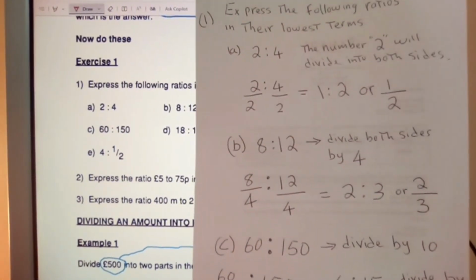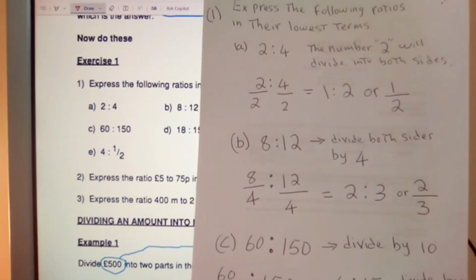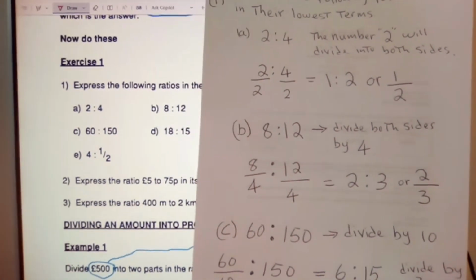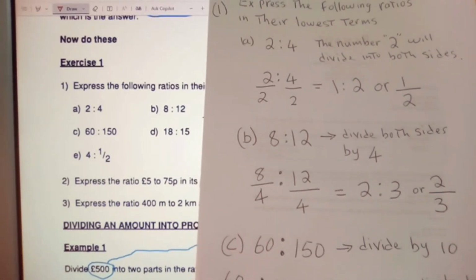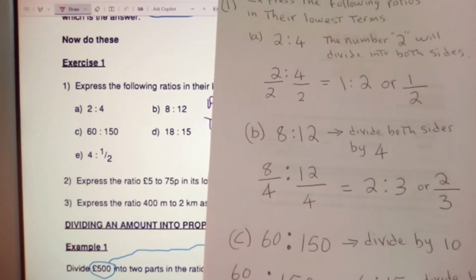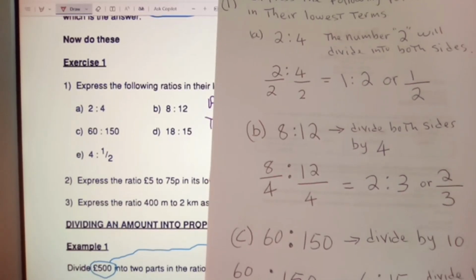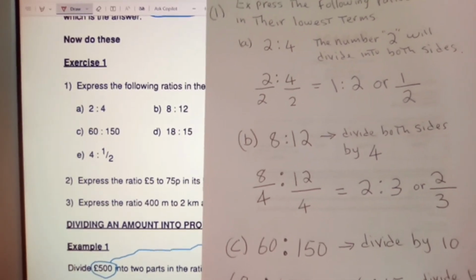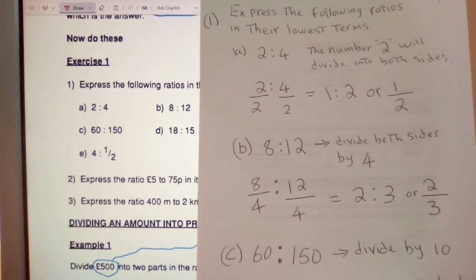Here I've simply divided both sides by 4, and that gives me 2 to the 3, or 2/3.